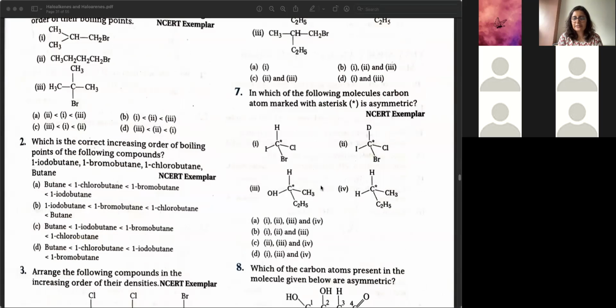Which one is asymmetric? I want you guys to answer in 30 seconds. In this, you only need to look at this carbon atom and see in which case it is asymmetric. Sia answered. Sia, check your answer again.